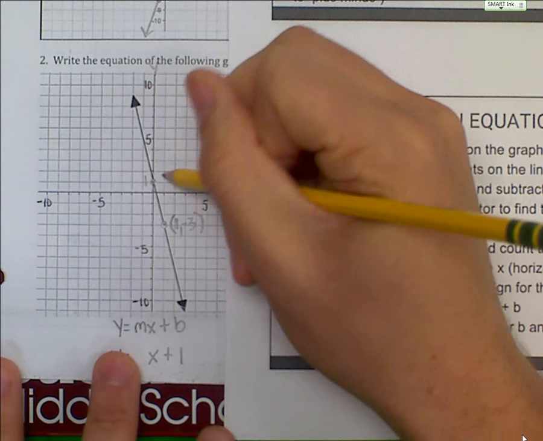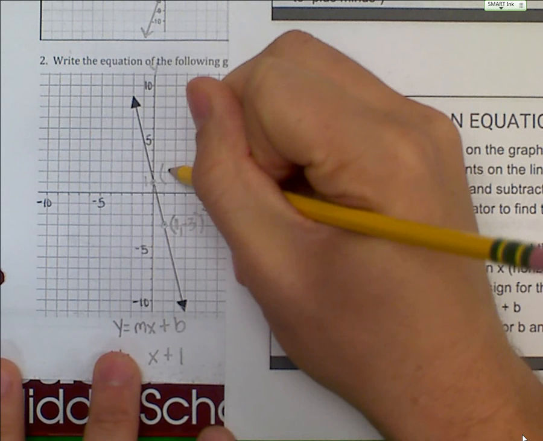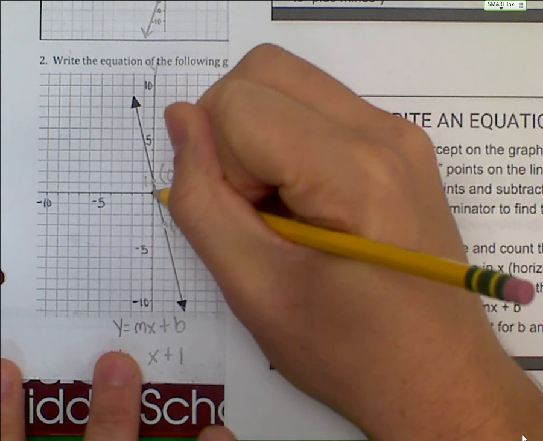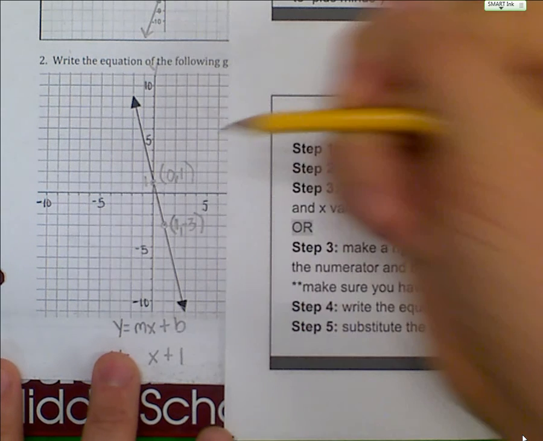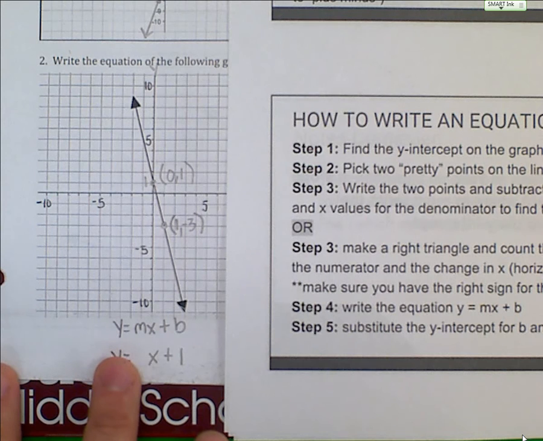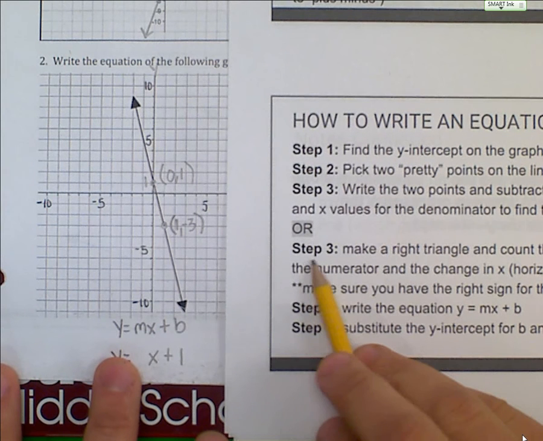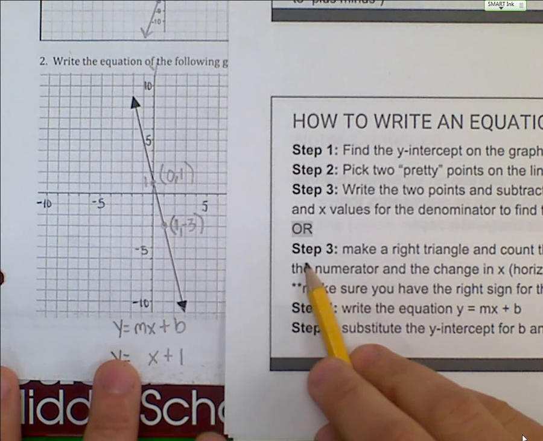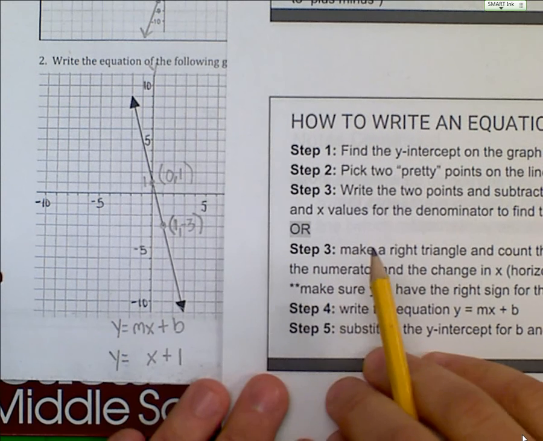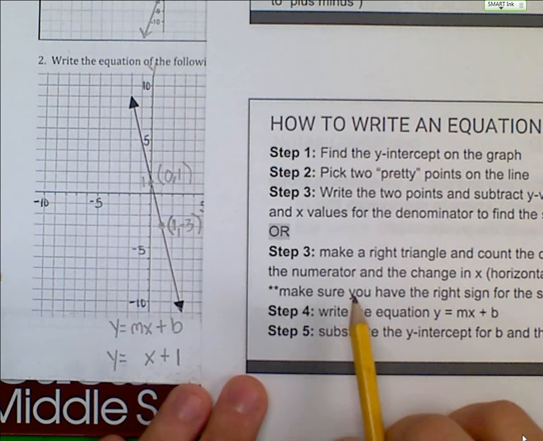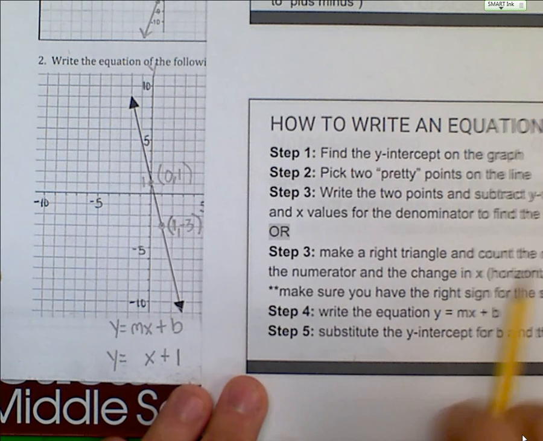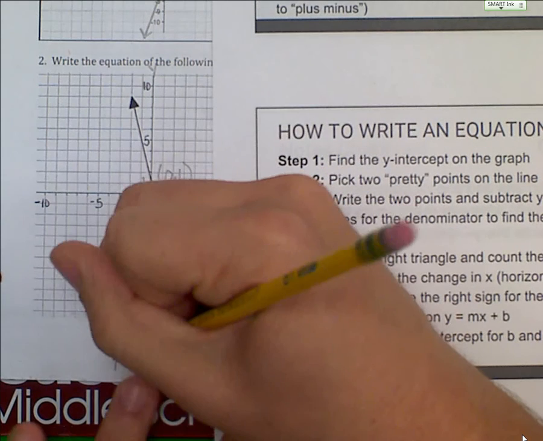And we know our y-intercept here is 0, comma, 1. And I'm going to actually use the second step 3 here. I like to make a right triangle and count the change in y, make that in my numerator, and the change in x, I'm going to make that value in my denominator for my slope here.